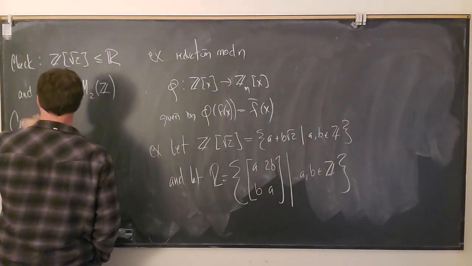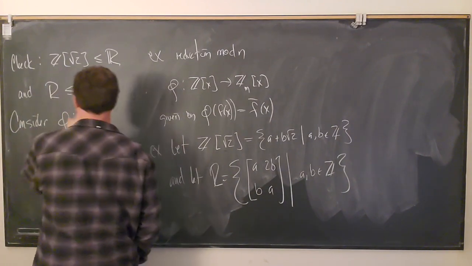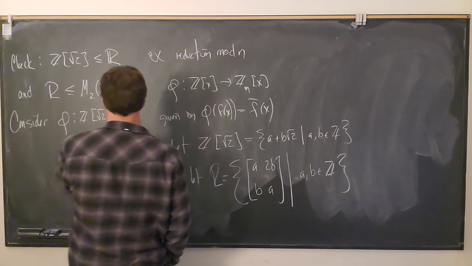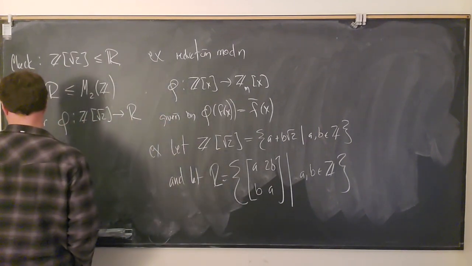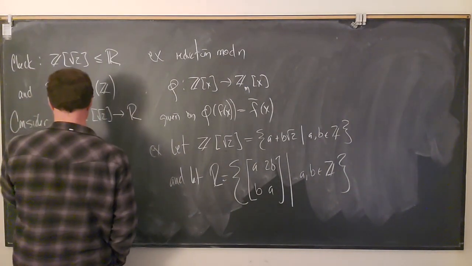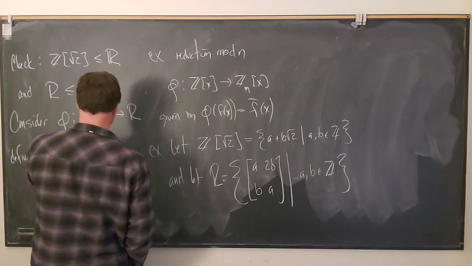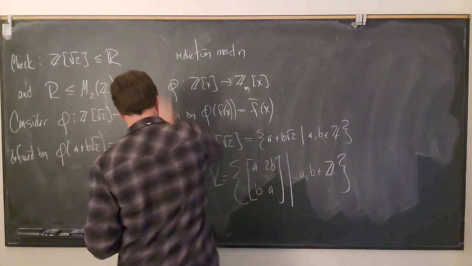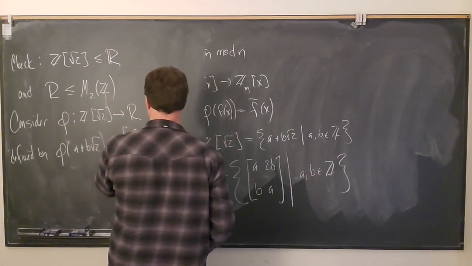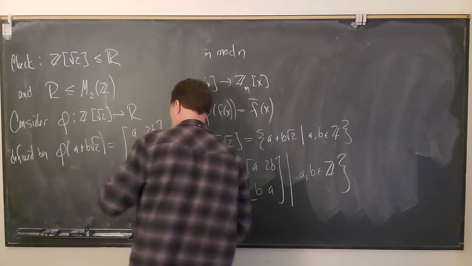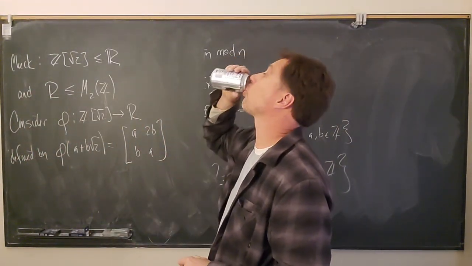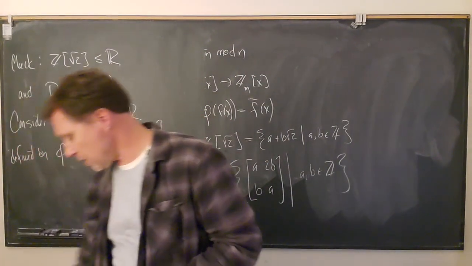So let's consider the function phi from Z bracket root 2 to R, defined by phi of A plus B root 2 equals the matrix A, 2B, B, A. Now you can go through the steps.